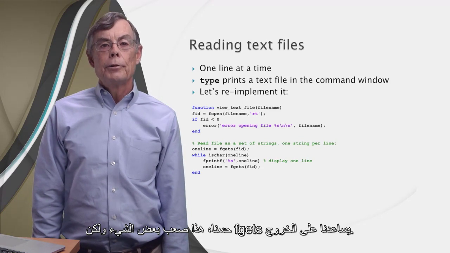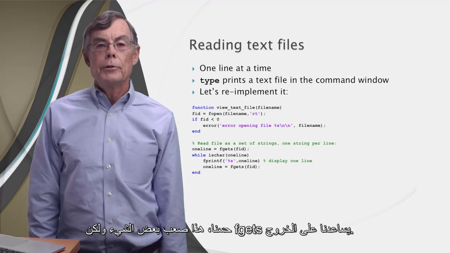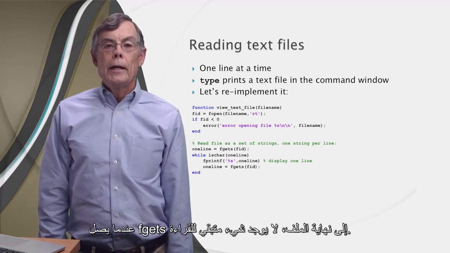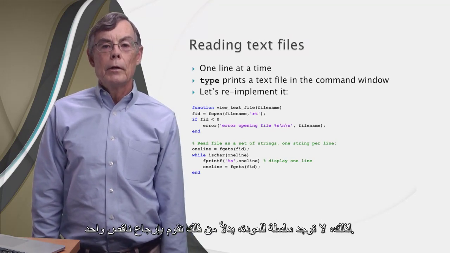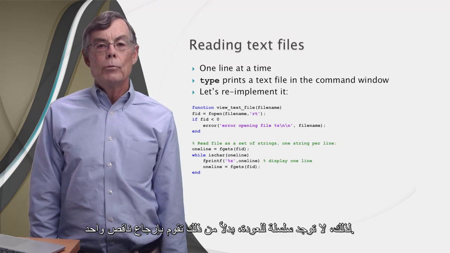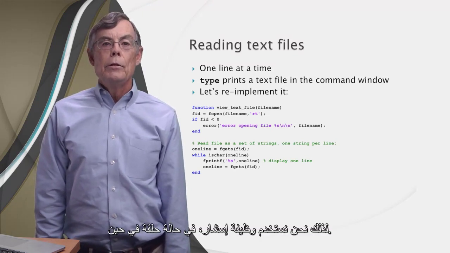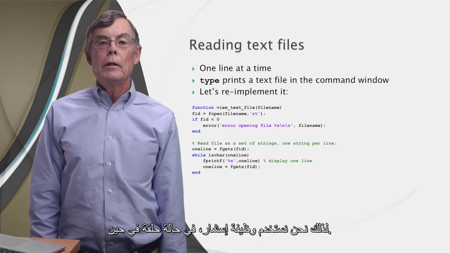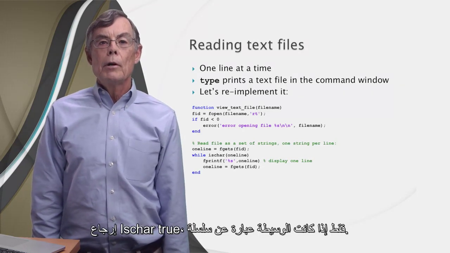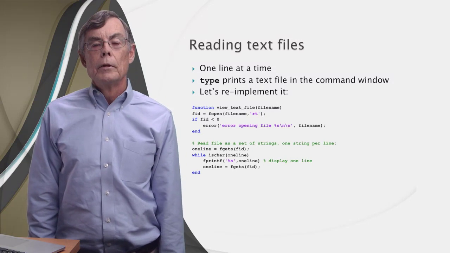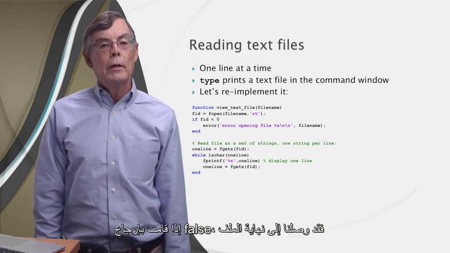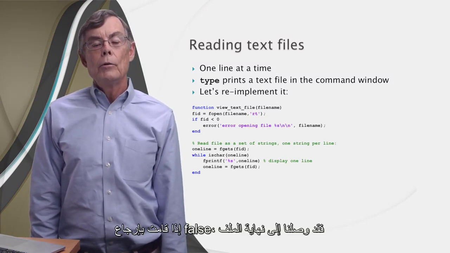Well, that's a little tricky, but fgets helps us out. When fgets reaches the end of the file, there's nothing left to read, so there's no string to return. Instead, it returns a -1. So we use the ischar function in the condition of the while loop. ischar returns true only if its argument is a string. If it returns false, then we've reached the end of the file and the while loop will quit.